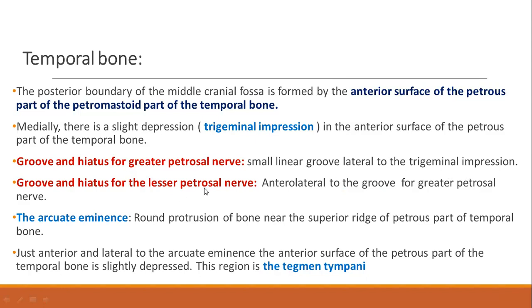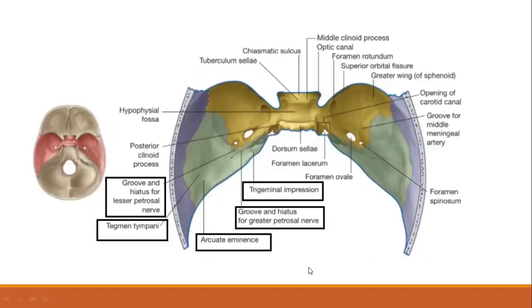Groove and hiatus for the lesser petrosal nerve is anterior and lateral to the groove of the greater petrosal nerve. The arcuate eminence is a rounded protrusion of bone on the superior edge of the petrous part of the temporal bone. Just anterior and lateral to the arcuate eminence, the anterior surface of the petrous part of the temporal bone is slightly depressed. This region is the tegmen tympani.